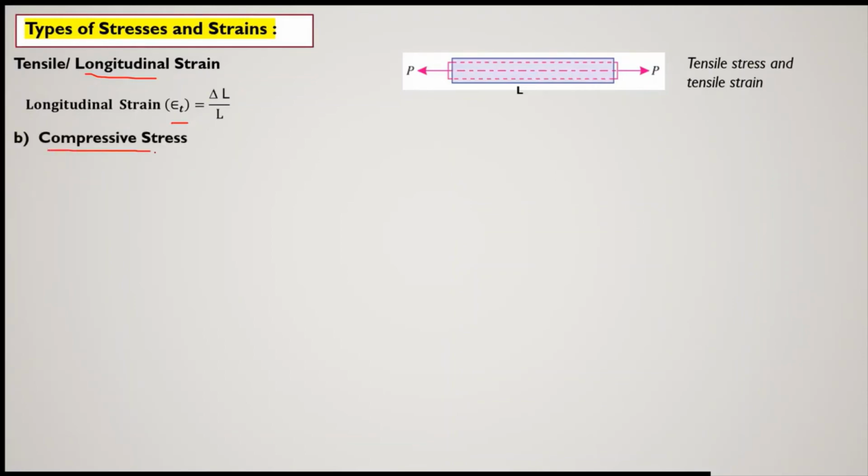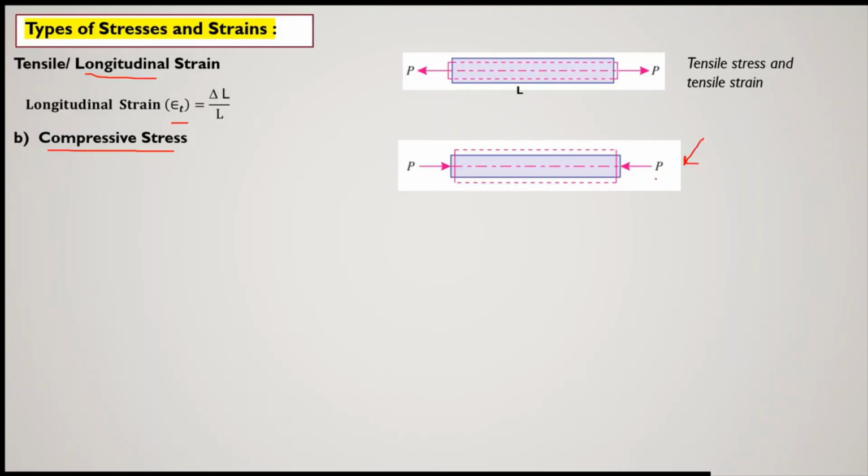Now when we are talking about compressive stress, same figure, if you see here in figure number 2, the external force is acting towards the body, on the body. So this is a compressive force, and compressive force has the tendency to compress the body. That blue color figure is the original figure, and after application of force, let it deform, and you will find here that lateral dimension is increasing but longitudinal dimension is decreasing.